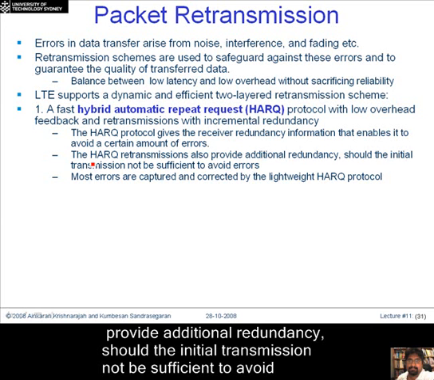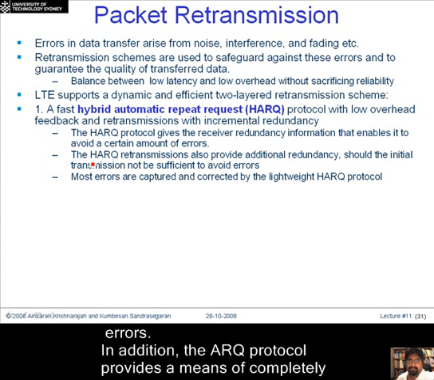But if the receiver says I cannot correct the errors and comes back, then HARQ provides additional redundancy information. So instead of just transmitting the whole frame again, it provides additional redundancy information, and this additional information is then used by the receiver to correct the error.